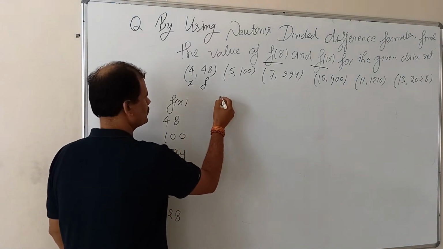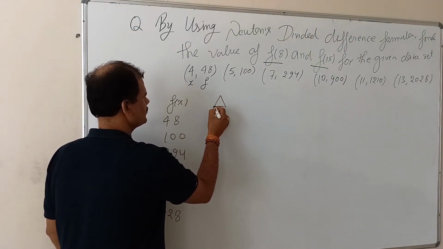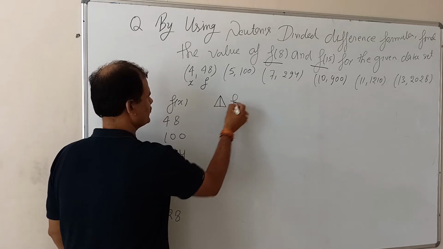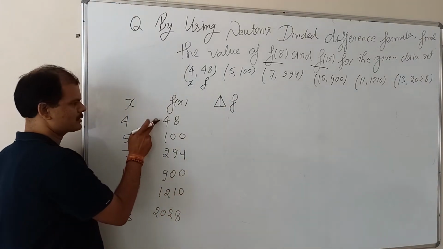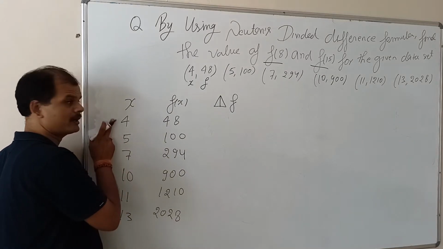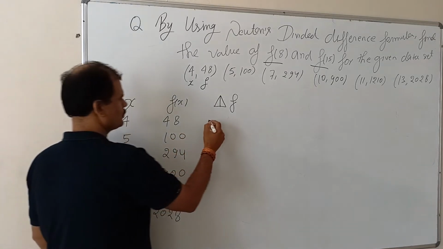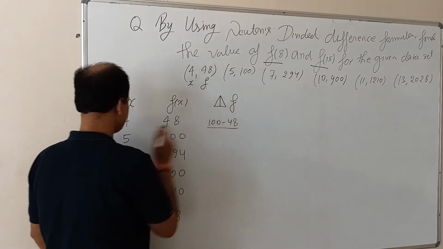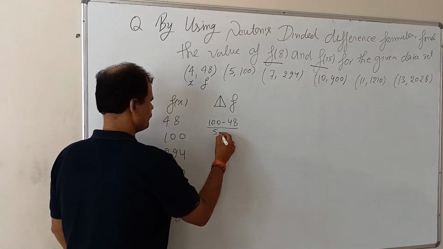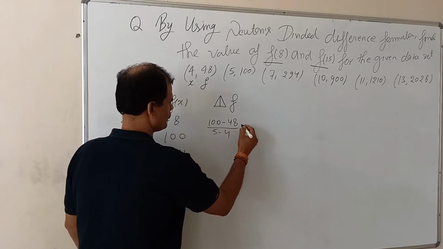So the first order divided difference will be delta of f. This will be y2 minus y1 divided by x2 minus x1. So 100 minus 48 divided by 5 minus 4.